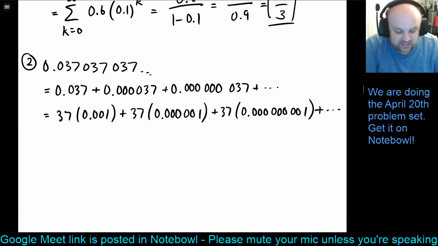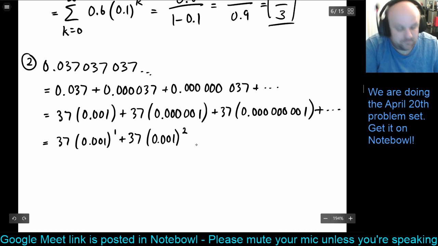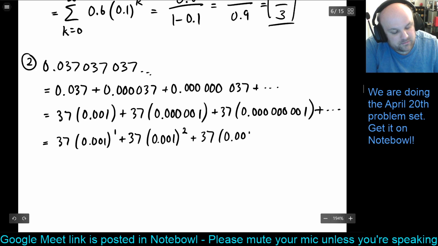What's going on in each case here is we have 37 times 0.001 to the first power plus 37 times 0.001 to the second power, plus 37 times 0.001 to the third power, and so on.